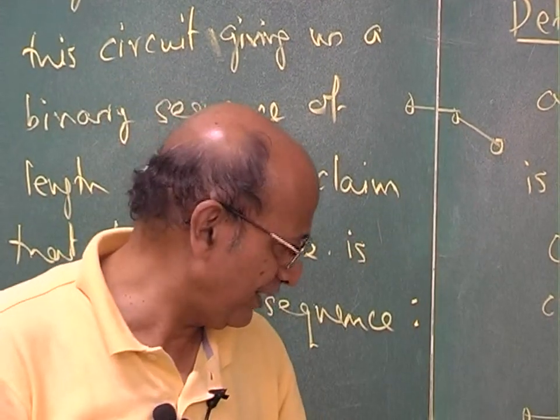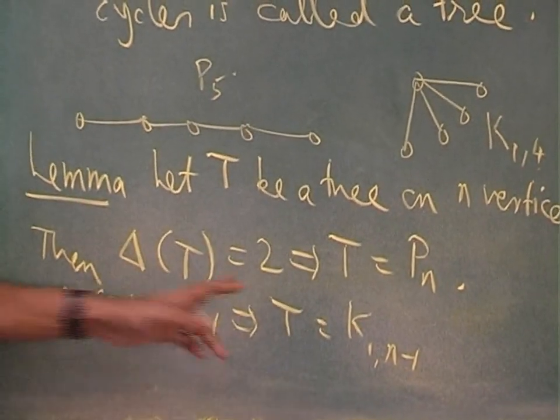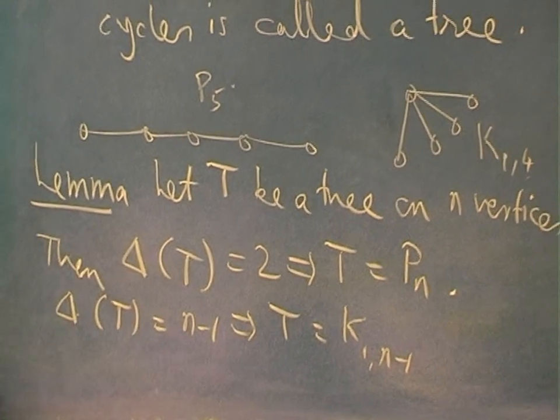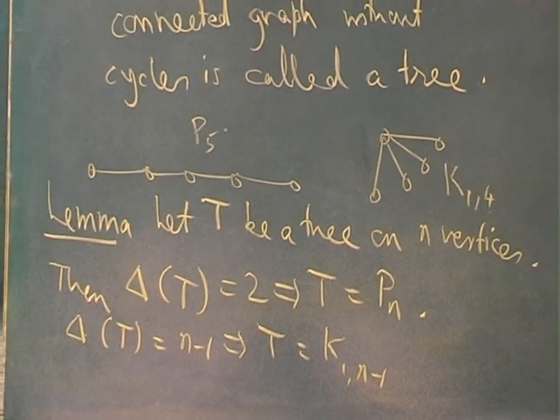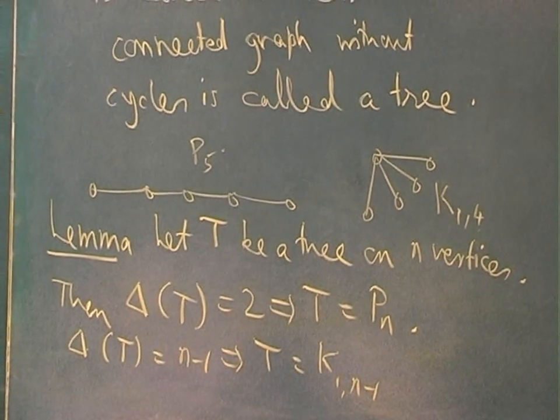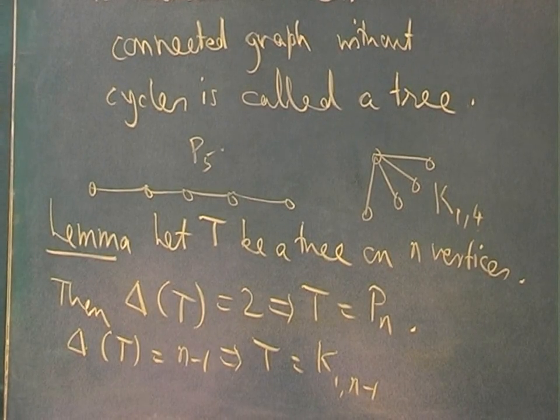So this is not expecting too much. But if there is no vertex whose degree is bigger than 2, then it must be a path. I'll leave this to you. Think about it and you should be able to prove that.